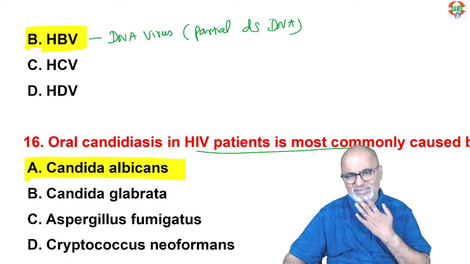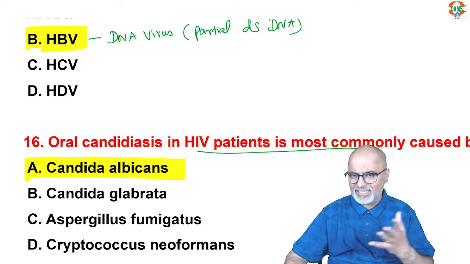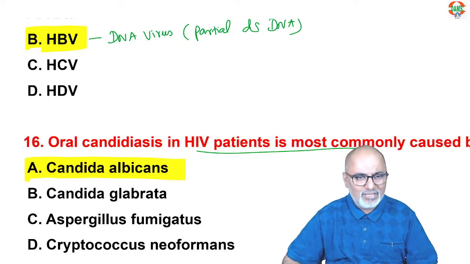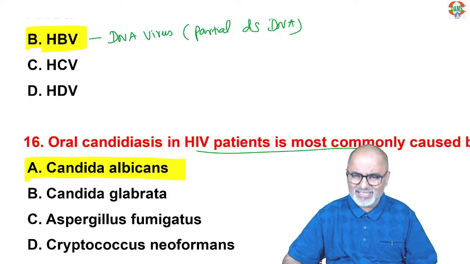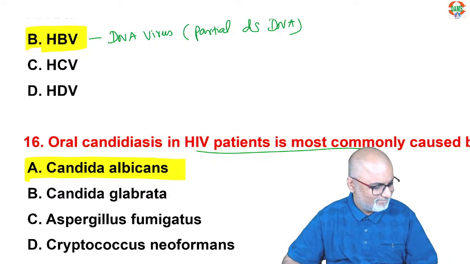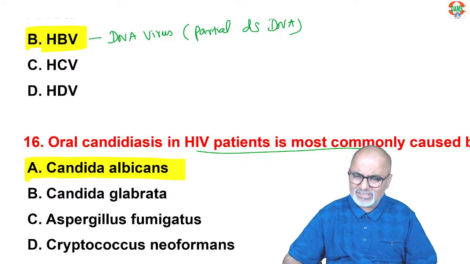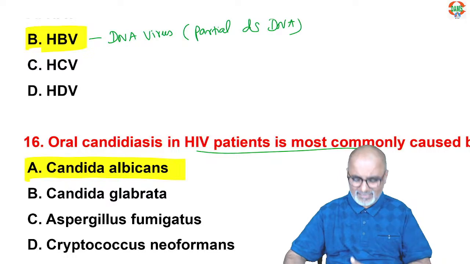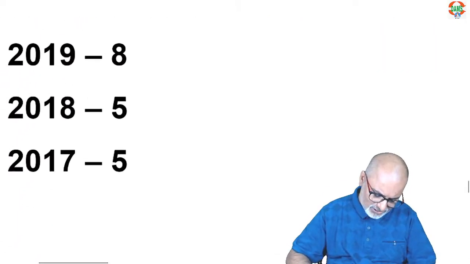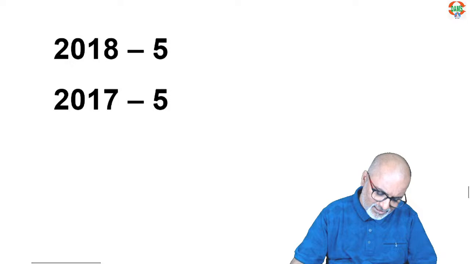Now, just an analysis of the data which I got. How many questions come from microbiology, sir? Is it necessary to concentrate on microbiology? From 2017 onwards, we did an analysis. In 2017 and 18, we got 5 micro questions.